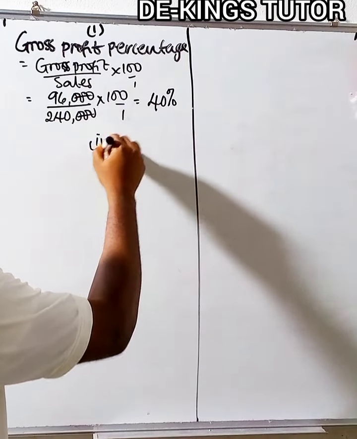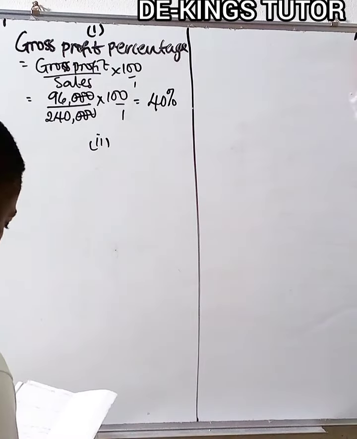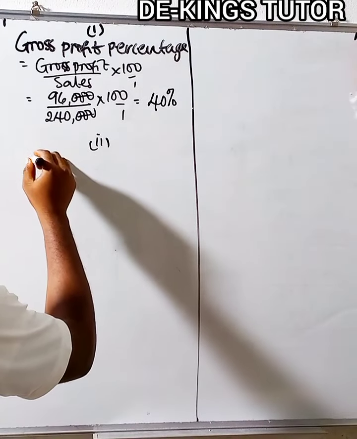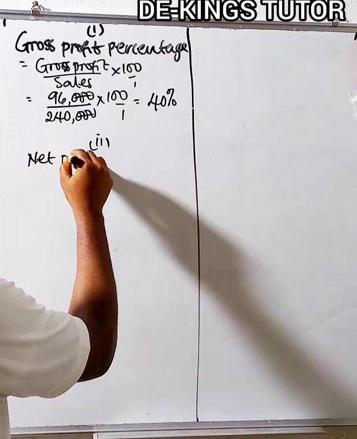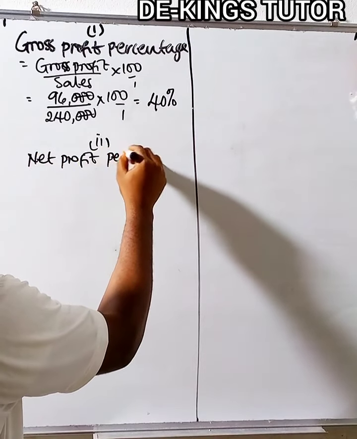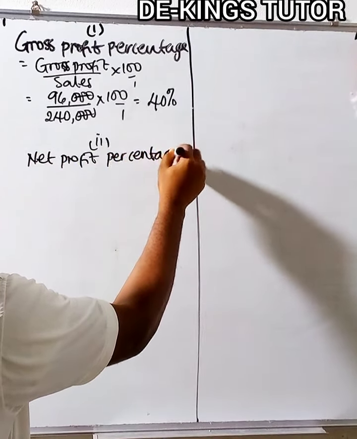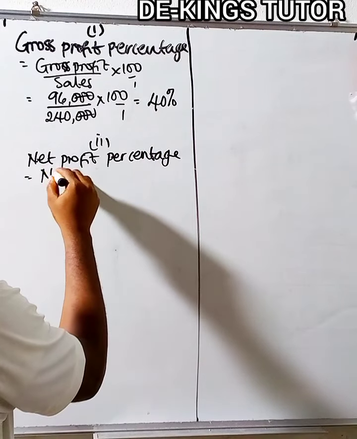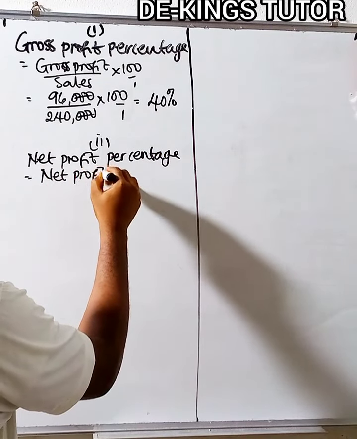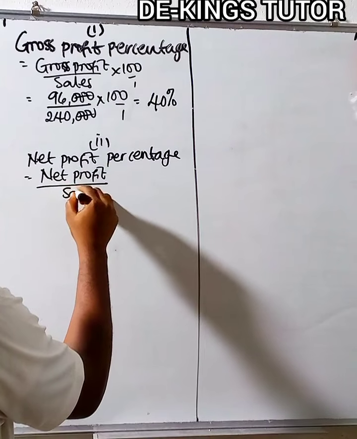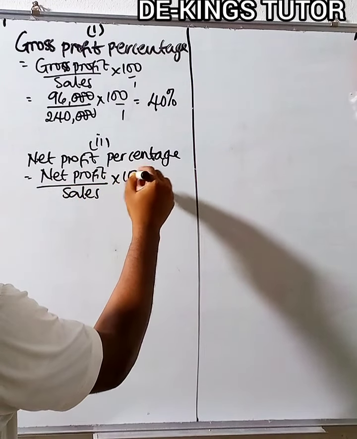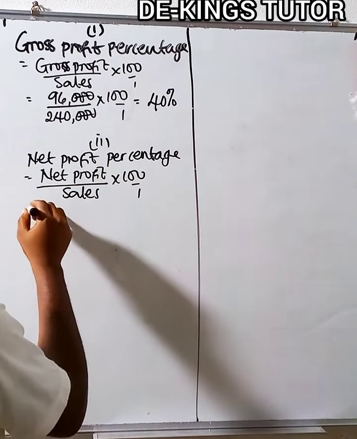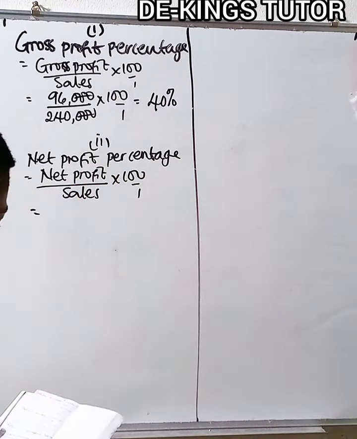Now the second one is to look for the net profit percentage. The net profit percentage is given as the net profit over sales times 100 over 1.